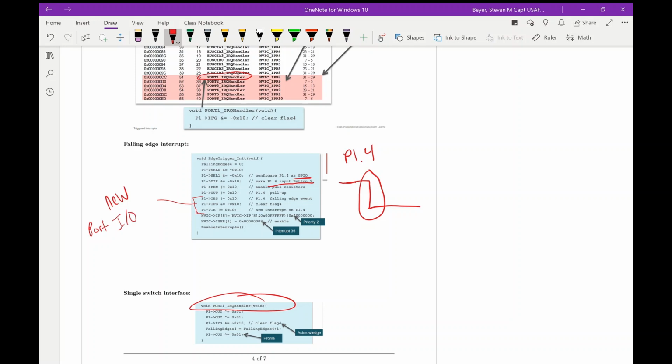IO section of the documentation, and let me just grab that name for you so that you have that to take a look at.